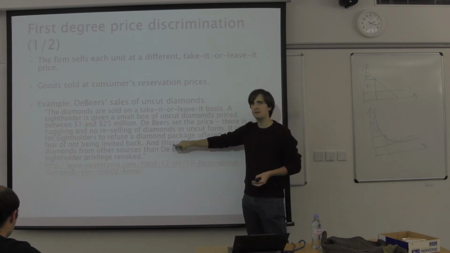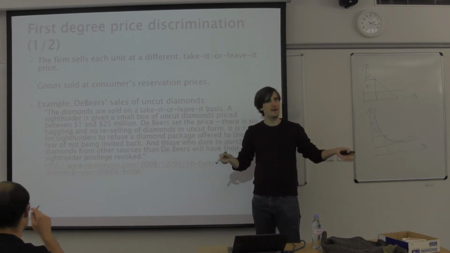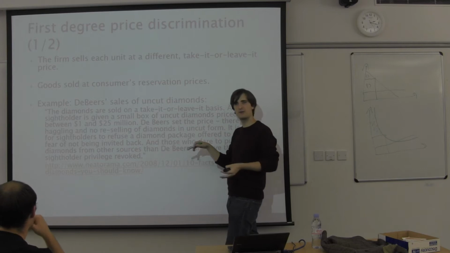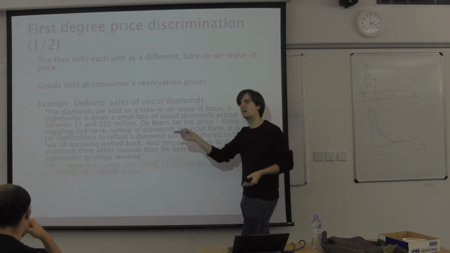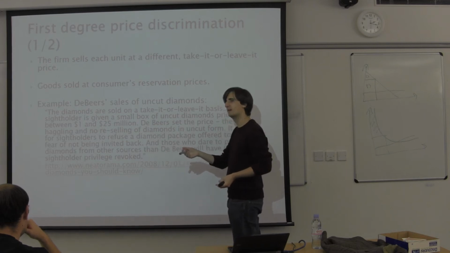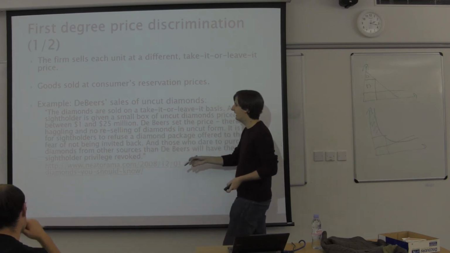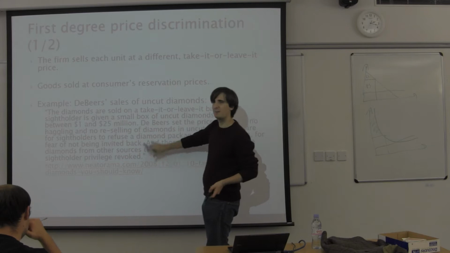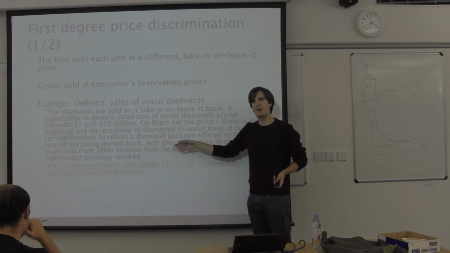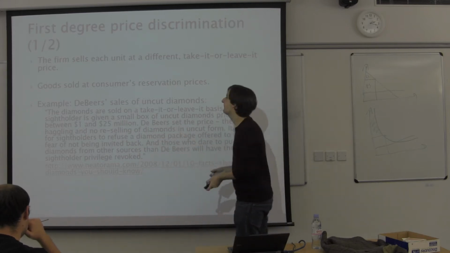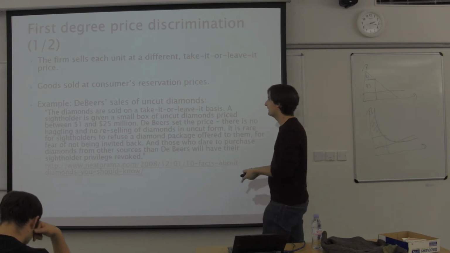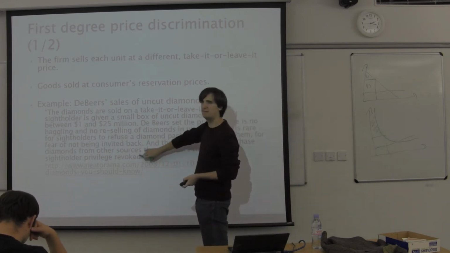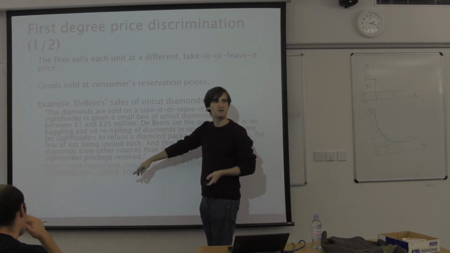And if you try and buy diamonds on a resale market, then if De Beers find out about that, again, you're never allowed to buy diamonds from them again. So, it's incredibly harsh. It's amazing that they can get away with this, but international monopoly. So by doing this, De Beers are able to first degree price discriminate.